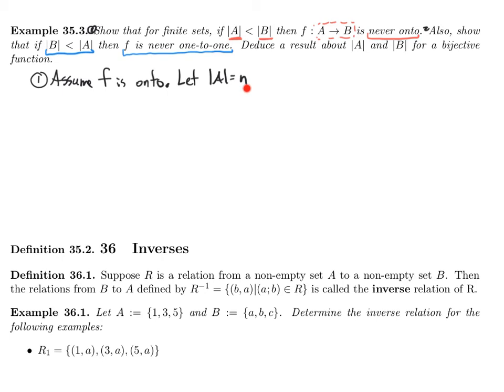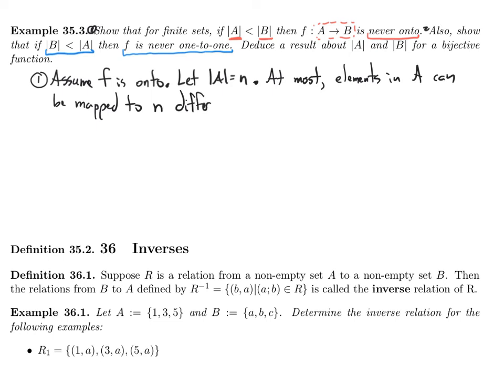So if there's n things in A, at most they can be mapped to n different things in B. So at most, elements in A can be mapped to n different elements in B.